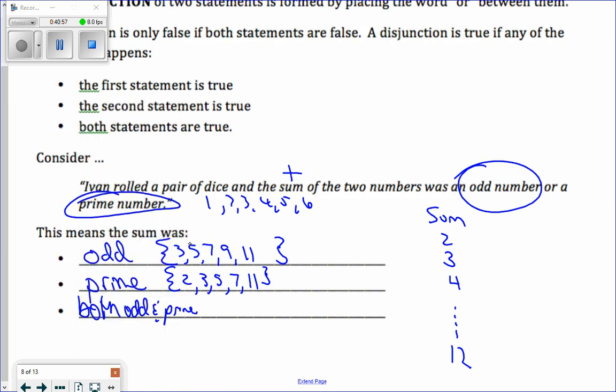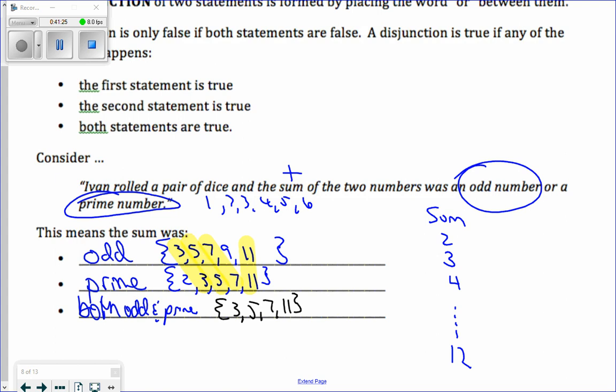Which number appears in both lists? 3. What else? So that's the 3, 5, 7, 11. So when he says I rolled 2 dice, the sum was either odd or prime, we're going to mean it could be odd, it could be prime, it could be both odd and prime at the same time.